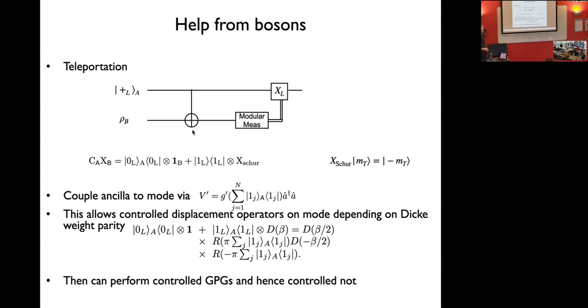Okay, great. So there's a way to do this C naught operation using geometric phase gates, which I'll get to a little bit later.